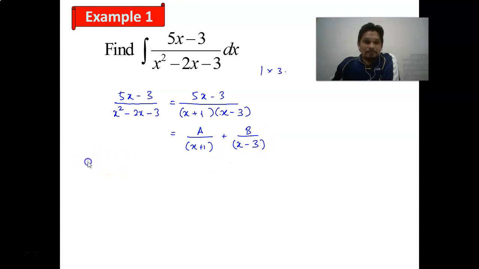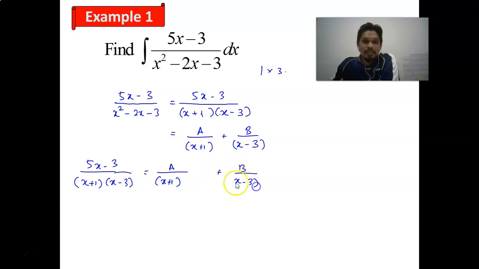Now, 5x minus 3 divided by x plus 1 and x minus 3 equals a divided by x plus 1 plus b divided by x minus 3. So we are going to equalize the denominators of these fractions with the original question here.